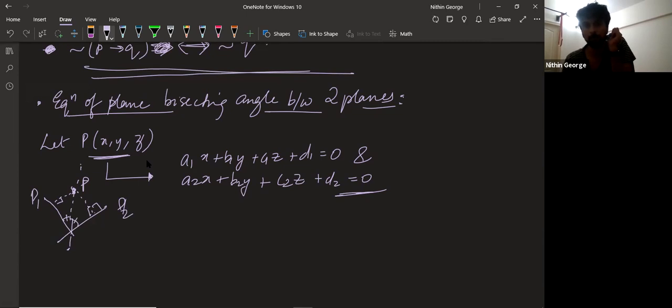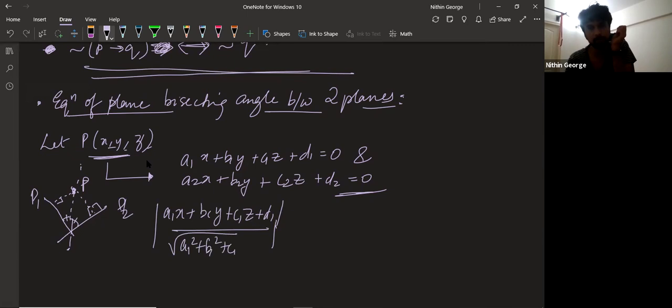So if x, y, z is the point itself, then (a1x + b1y + c1z + d1) divided by root of a1 square + b1 square + c1 square equals (a2x + b2y + c2z + d2) divided by root of a2 square + b2 square + c2 square.